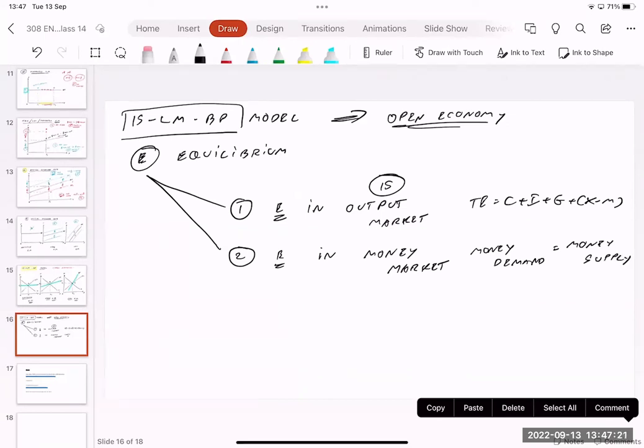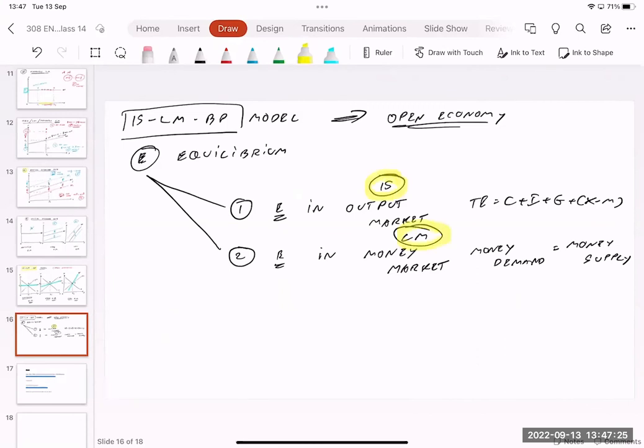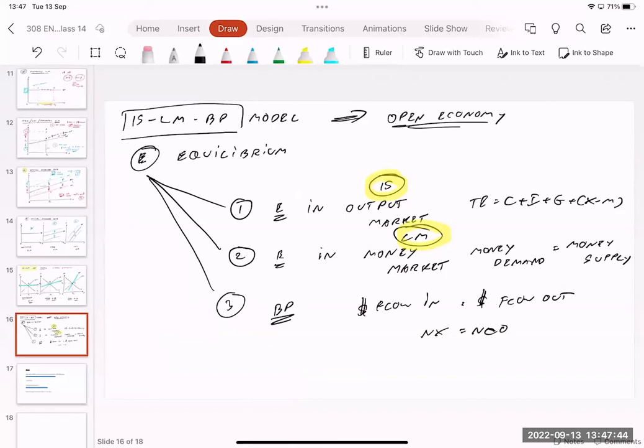And this one is represented by the LM curve, right? And the last one represents the balance of payments, BP. Balance of payments is the money that flows in equal to the money that flows out, or NX equals NCO. So it represents three equilibria at the same time.